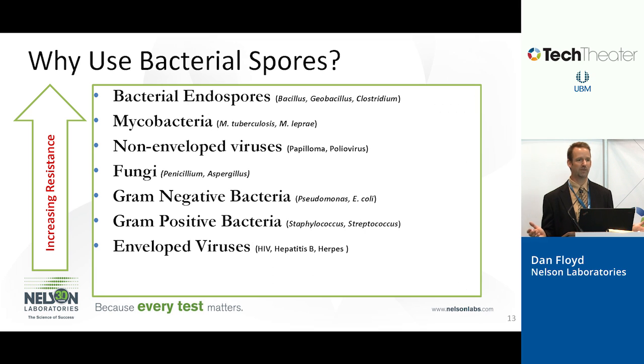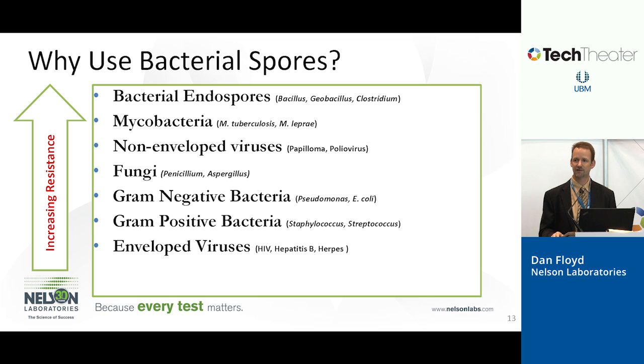So why do we use bacterial spores? A lot of times people will ask, well, how can we use just this one organism, when there might be viruses, molds, and all these other types of microbes on my product? The answer is that bacterial endospores are the most resistant entity to this type of sterilization, because they are a spore former with that protective coat.